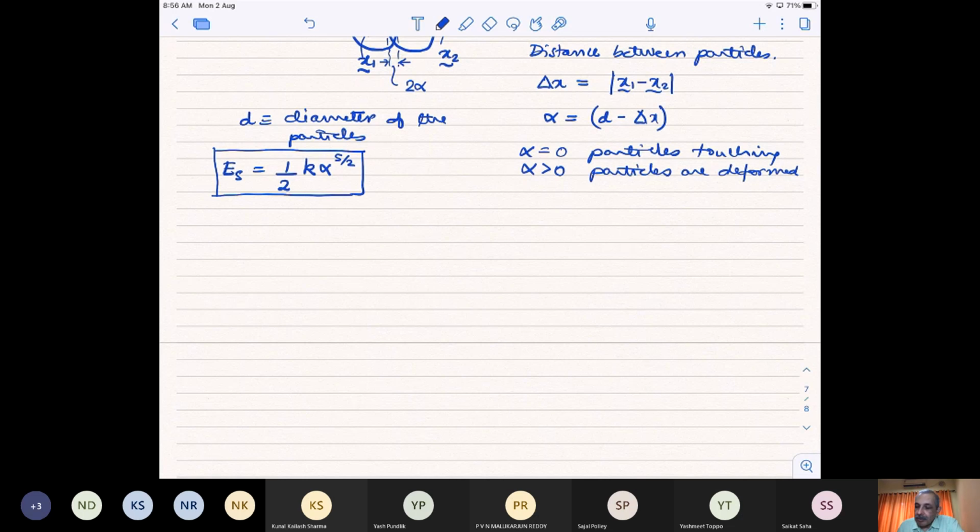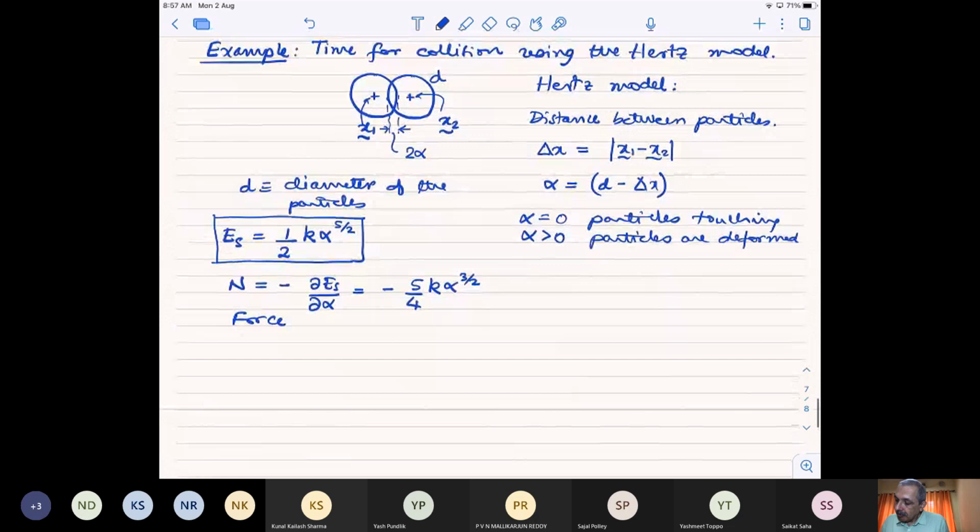From this we can easily calculate the force, and we saw that N is just minus del Es by del alpha, which is equal to minus 5 by 4 K alpha raised to the power of 3 by 2. So this is the force. Alpha has to be positive, so the force is always pushing the particles apart. And when alpha is 0, there is no force.